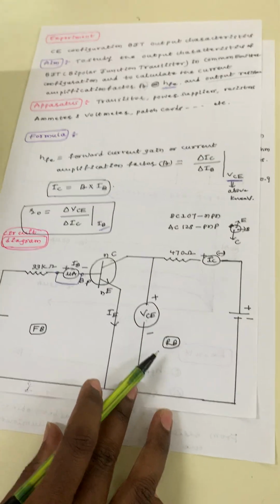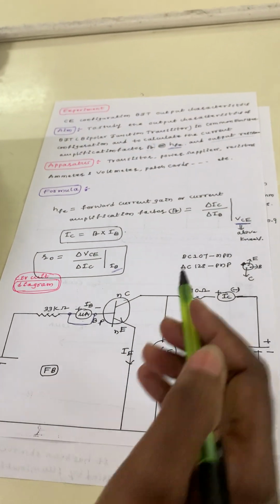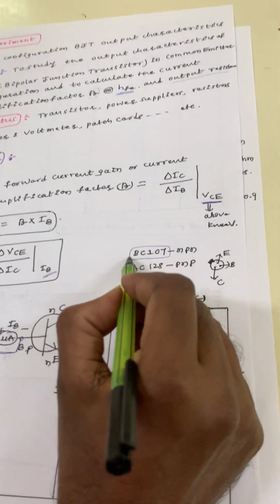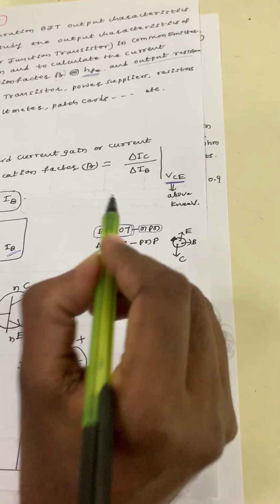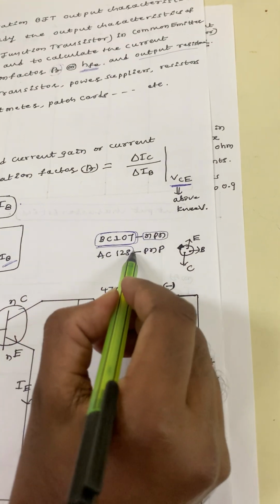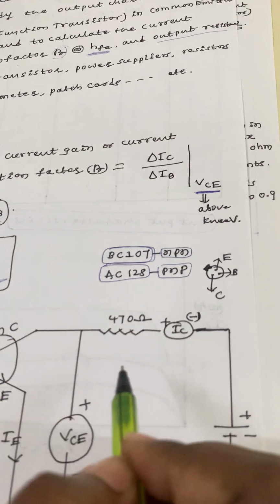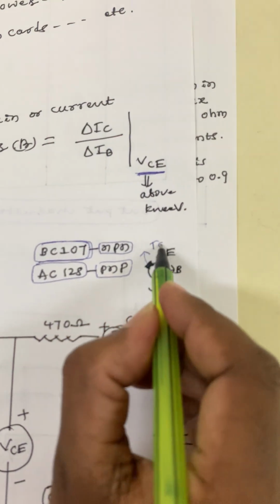Now we are able to see the circuit diagram. This is a common emitter NPN transistor. Already I told you, if it is the BC107, that transistor is an NPN transistor. If it is AC128, that transistor is a PNP transistor. You have to look for the tab or notch.